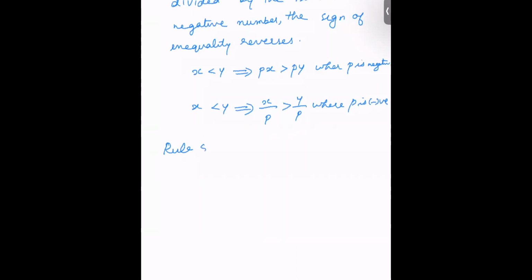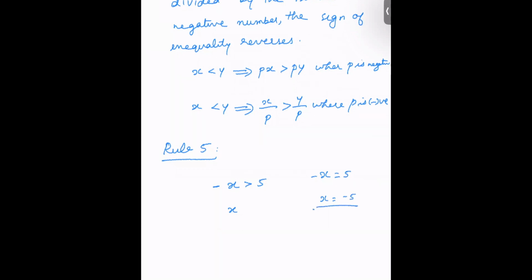Rule 5 is an extension of rule number 4. If it is like negative x is greater than 5, whenever the question is solve for x, you need to find the value of x, right? Not negative x. If it was negative x equal to 5, what would x be?